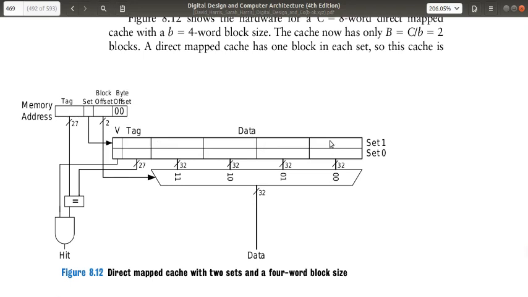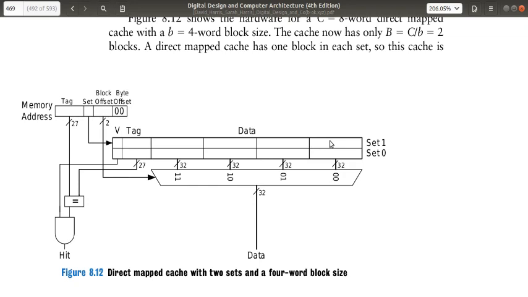What is the point of increasing the words per block? Because when we are using only one word per block, or if the number of words per block is less, we are only able to use the concept of temporal locality to its fullest, because we are just trying to take the data which is being frequently used.